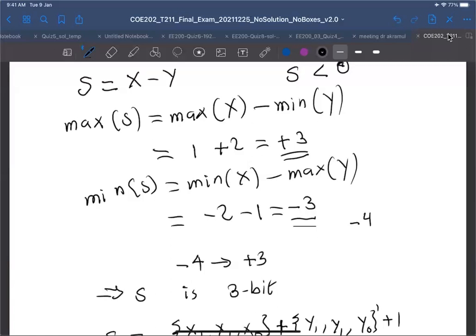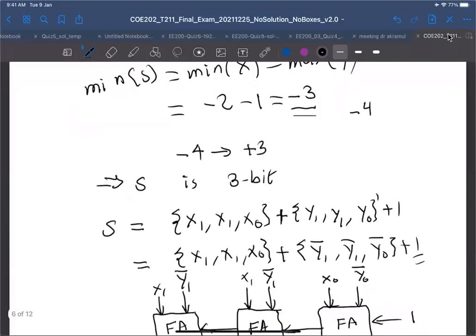So to detect equality, since 100, which is -4, is not among the numbers reached by your circuit, we don't have to worry about -4 occurring.